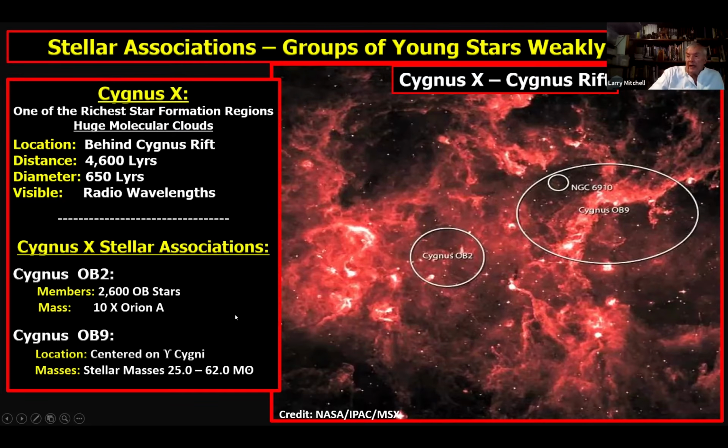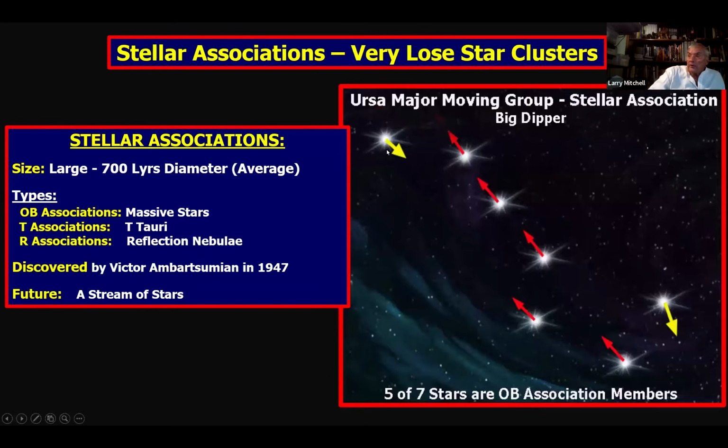And this grouping is 10 times the Orion A complex. So that is huge. And then the Cygnus OB9 cluster, which encompasses NGC 6910, which we saw before. And this surrounds Gamma Cygni, which is the cross star in the constellation of Cygnus. So this is what we typically think of as stellar association: big, huge, loosely arranged groups of weakly bound stars.